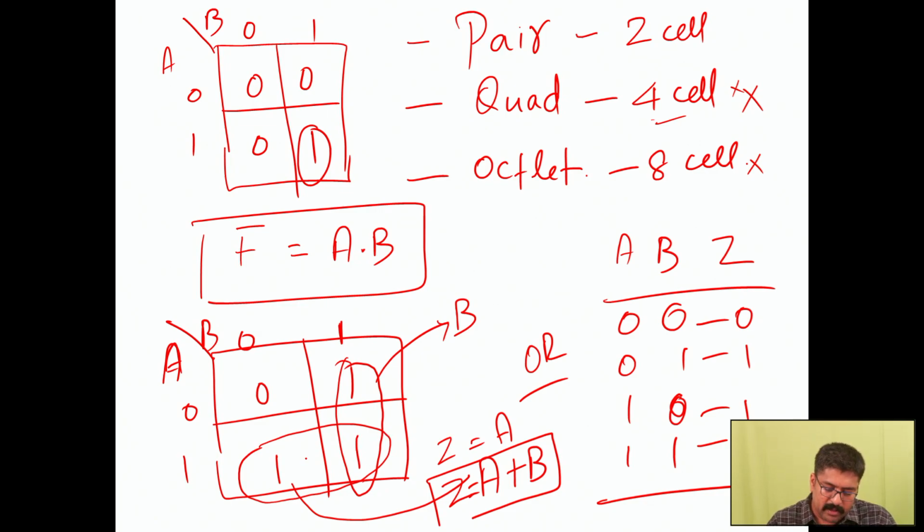Here it is a 2 variable K-map, so if you do a pair, out of 2 variables, 1 variable will be eliminated.